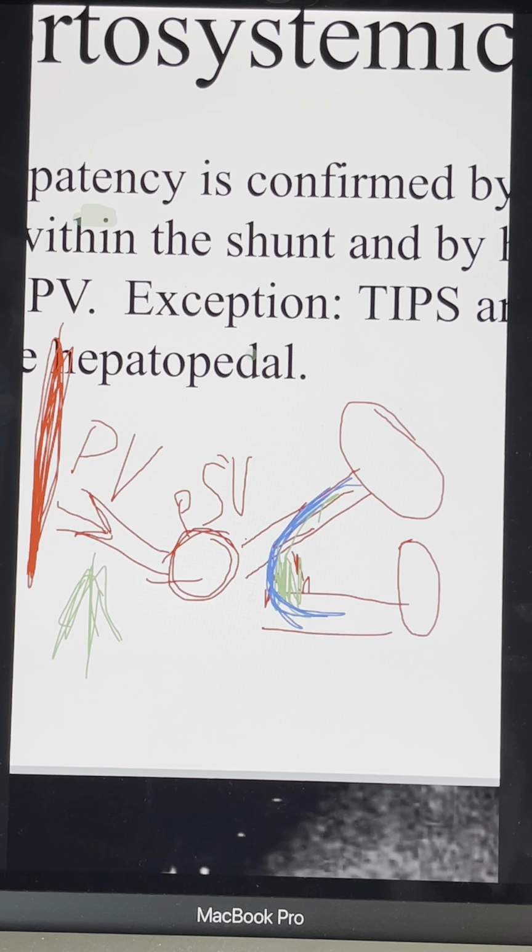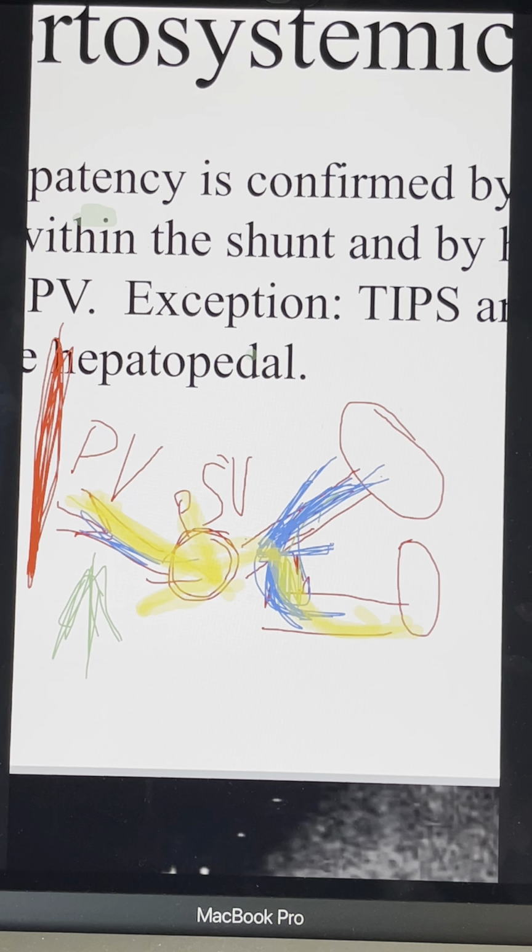We made a connection over here so that the blood can come out from the spleen. And because there is too much pressure over here, and we made this channel, the blood in the portal vein will start coming in the direction of the shunt so that it can drain from the shunt.